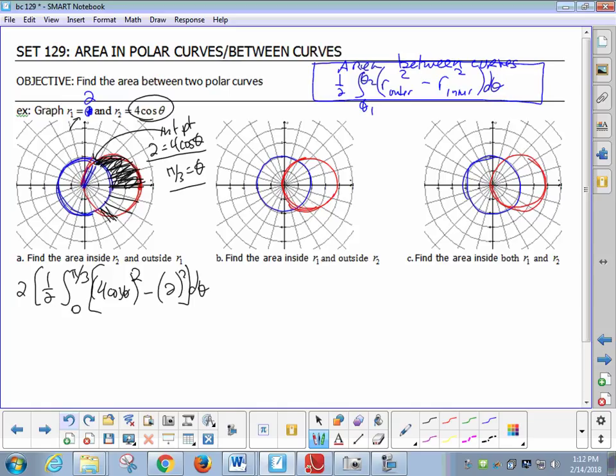Once I got to this region, would these red R's be smaller or greater than these blue R's? Smaller. And so when I started doing red minus blue, I would start to pick up some negative area. If I went to pi over 2, I'd be taking small squared minus bigger squared, and I would start to reduce the real area. See what I'm saying? Okay. I'm glad you asked. Thank you.